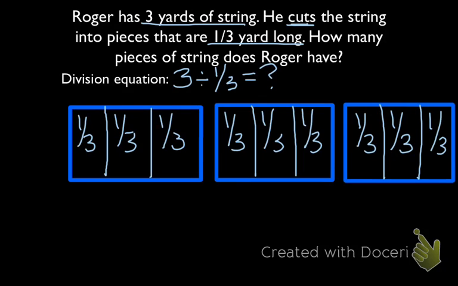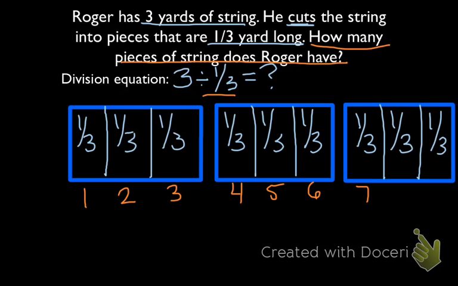Now the question is, how many pieces of string does Roger have? Well, let's check this out. That's another way of saying how many pieces of 1/3 do I have in 3 wholes. So that's 1, 2, 3, 4, 5, 6, 7, 8, and 9.